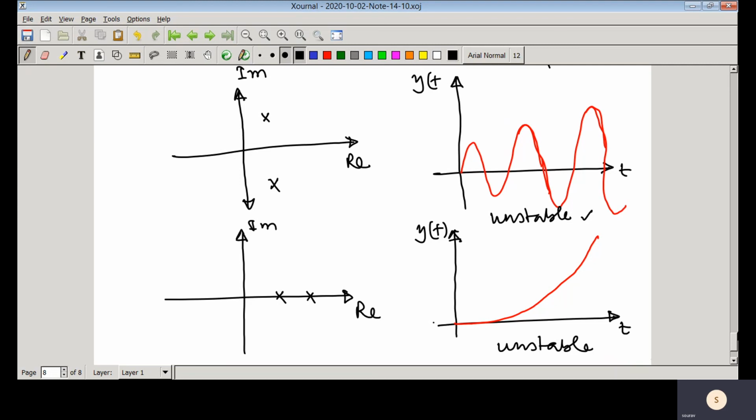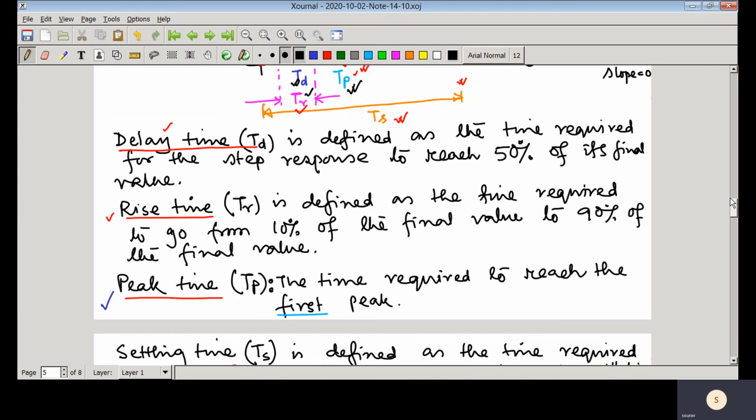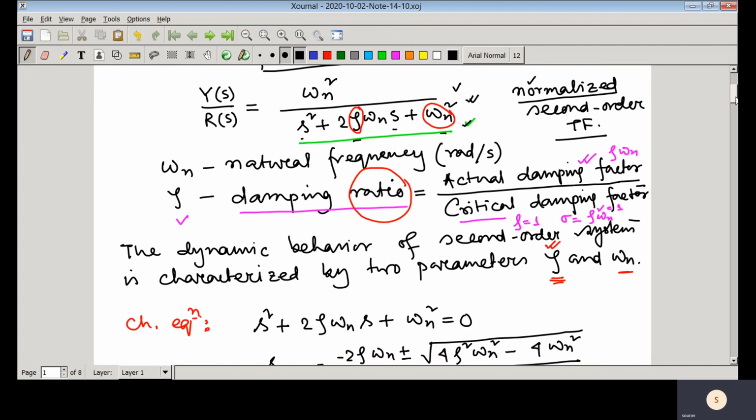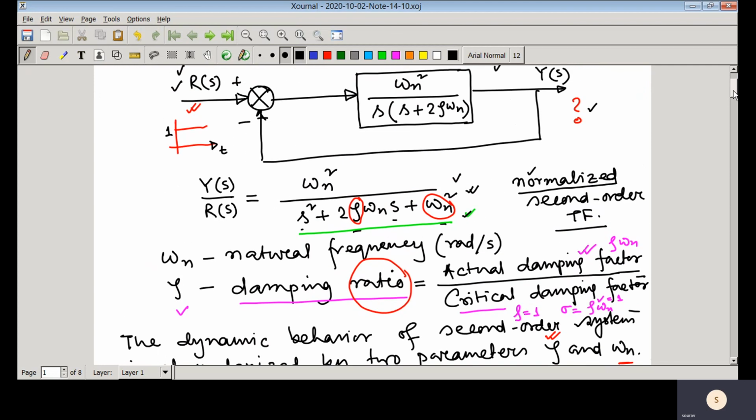So let us see what we have discussed today in this particular part. In the first part we have discussed time domain analysis of first order system, and here this is the time domain analysis of second order system. And there are two parameters, zeta and omega n, the damping ratio and natural frequency.